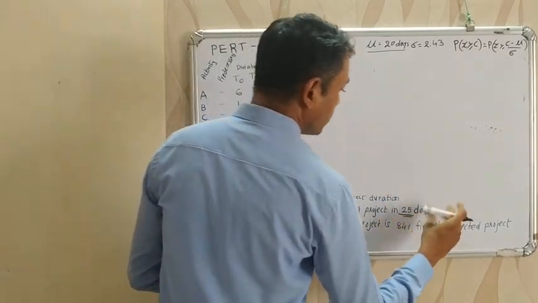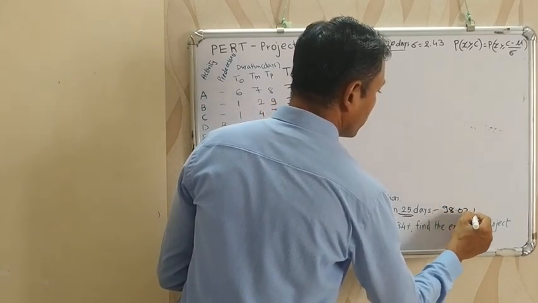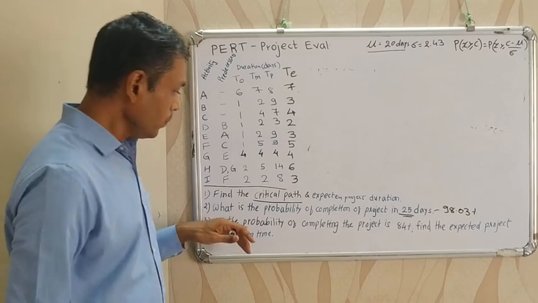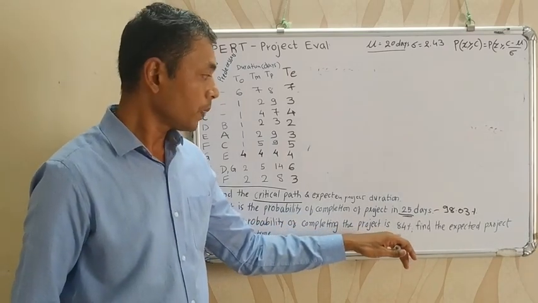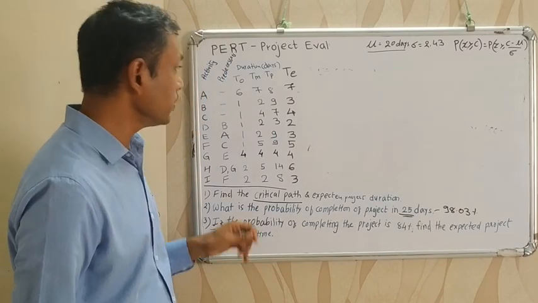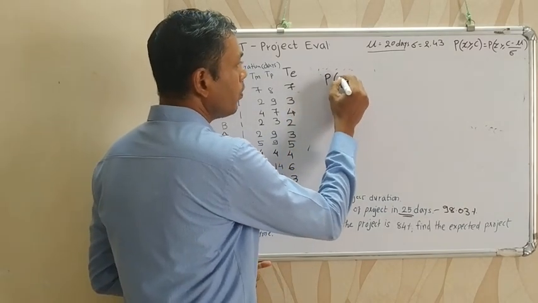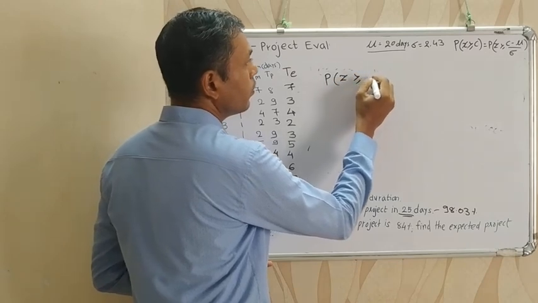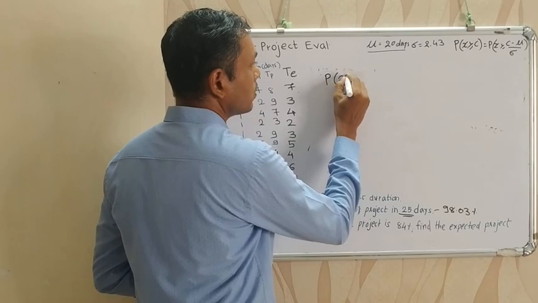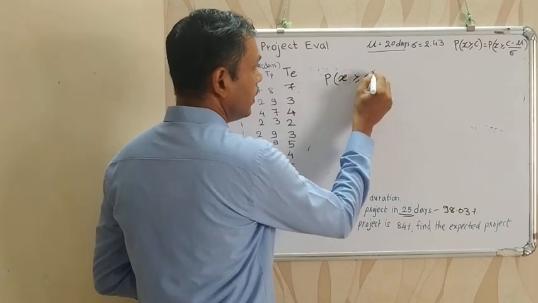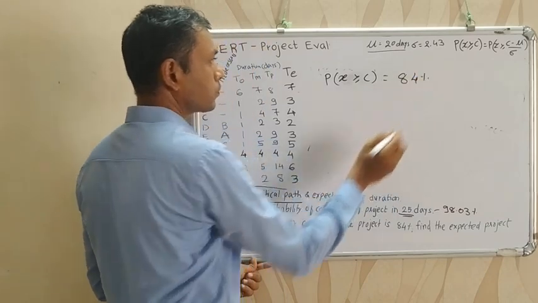So here the answer is 98.03%. Now, if the probability of completing the project is 84%, find the expected project completion time. So here, the probability of X greater than or equal to C is 84%.